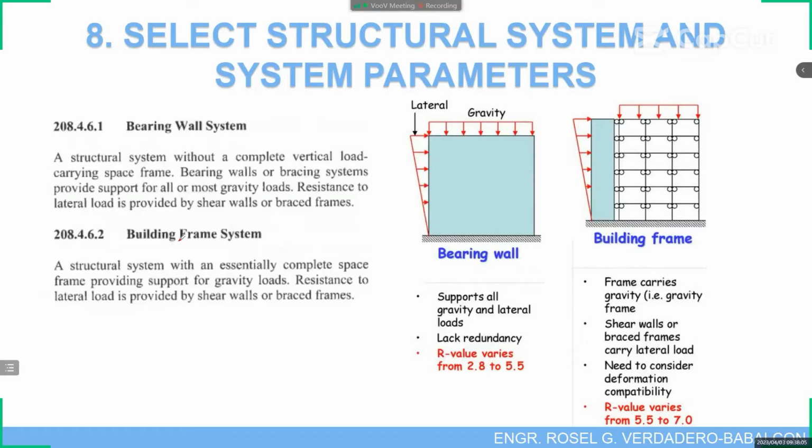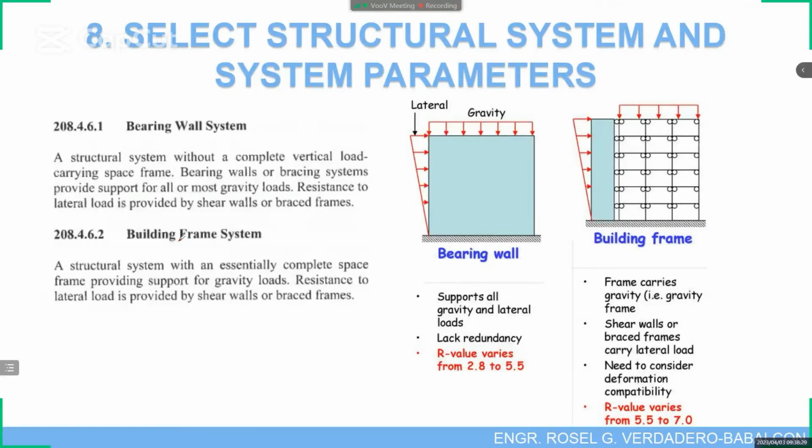But the R value is around 2.8 to 5.5, so it lacks redundancy. A bearing wall system may be a masonry shear wall, or a reinforced concrete shear wall, or cross bracing in steel.